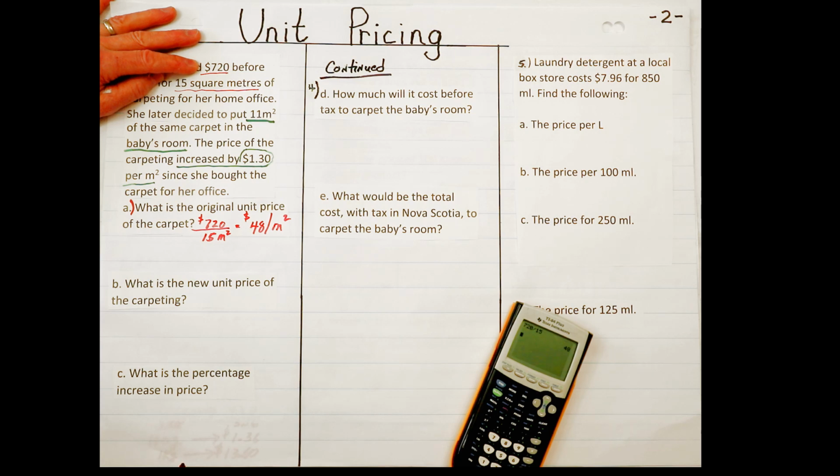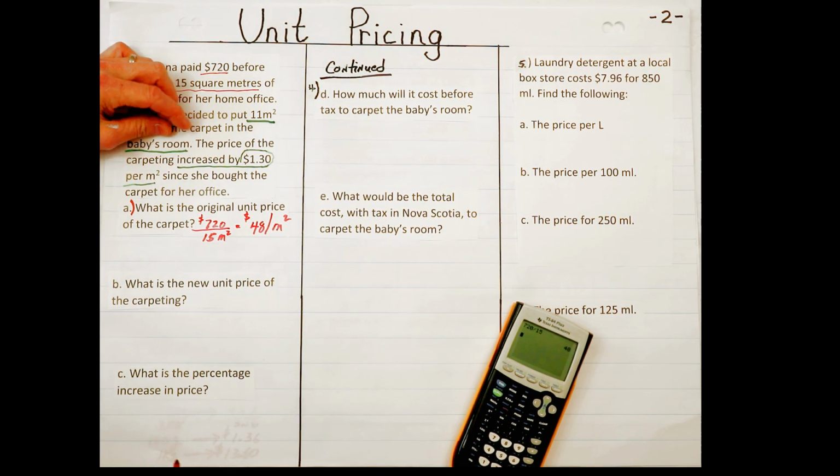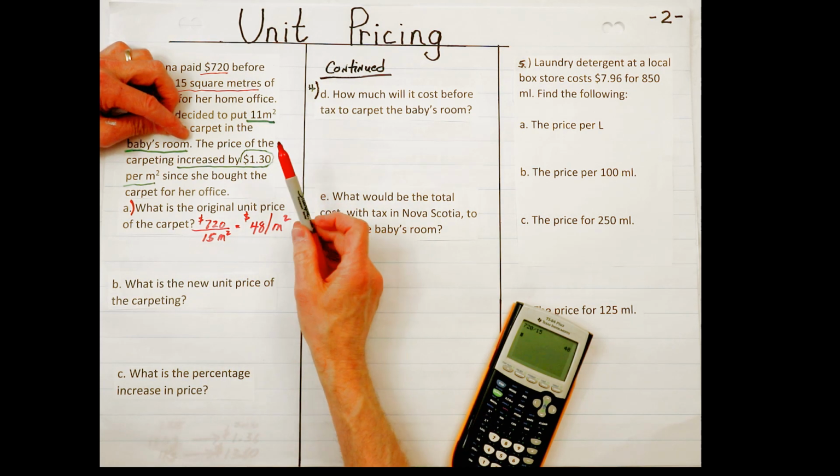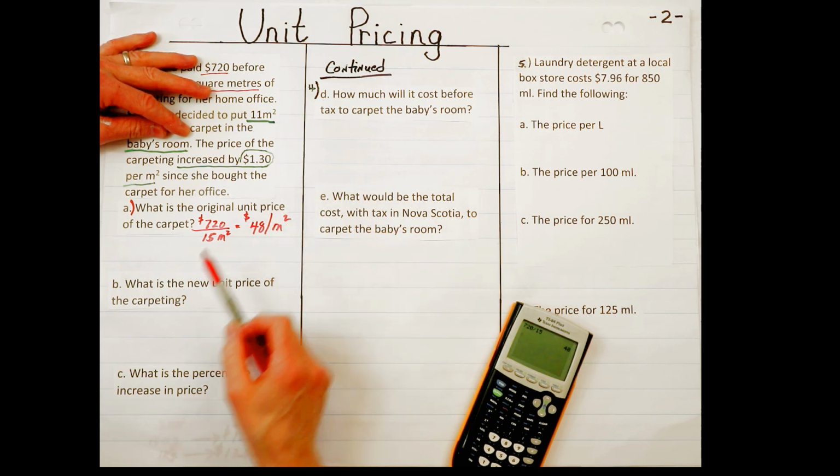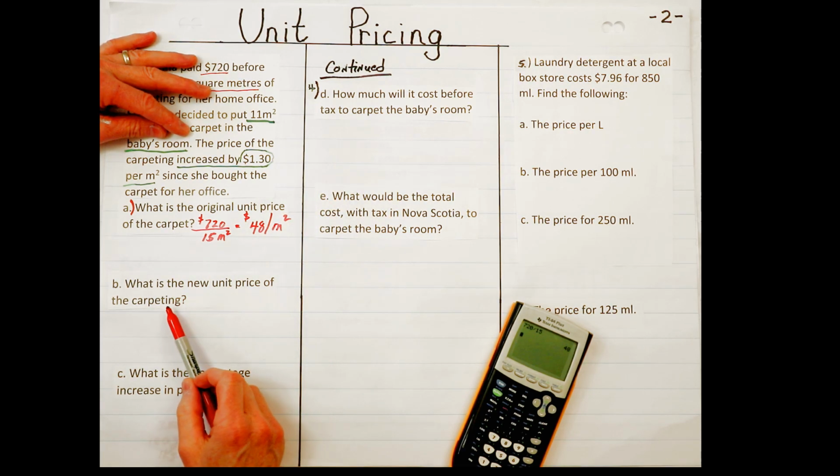Okay, so now she's going to buy some for the baby's room, is it? Yes, the baby's room. I just want to make sure I'm reading the right one here. What is the new price of the carpeting?